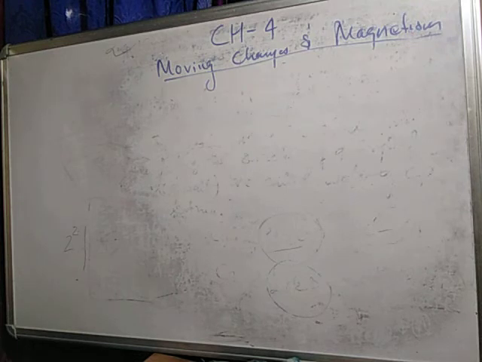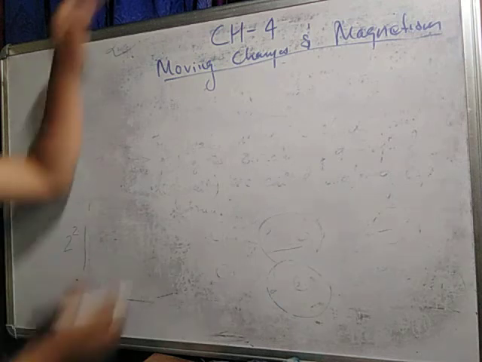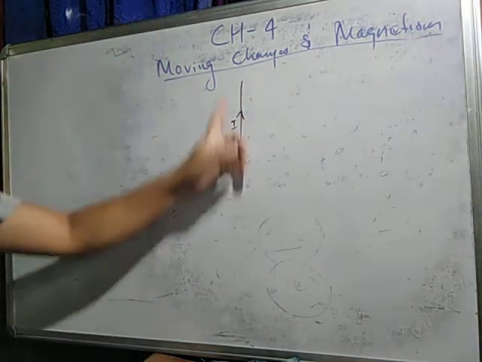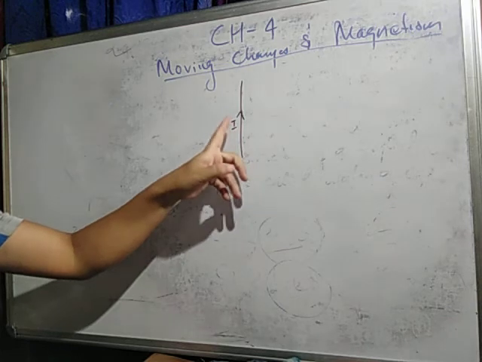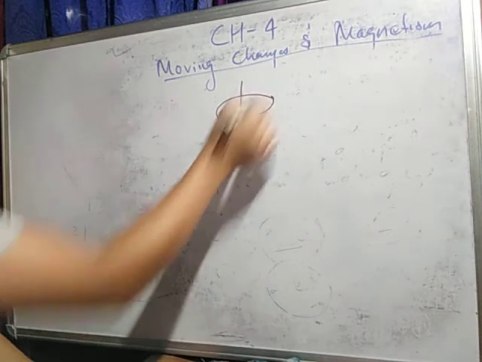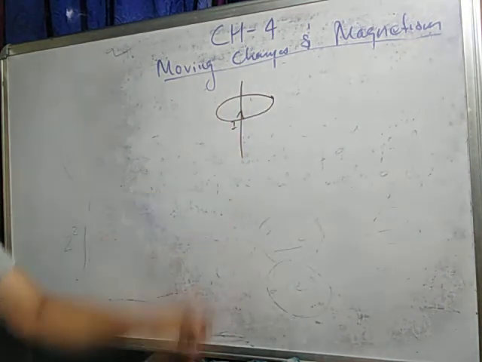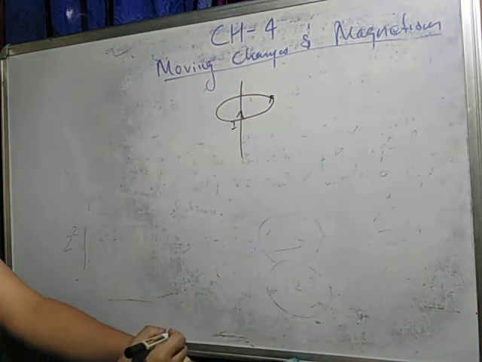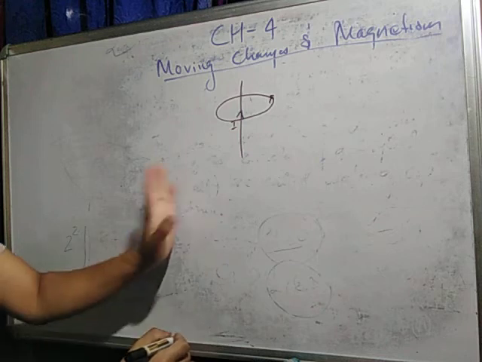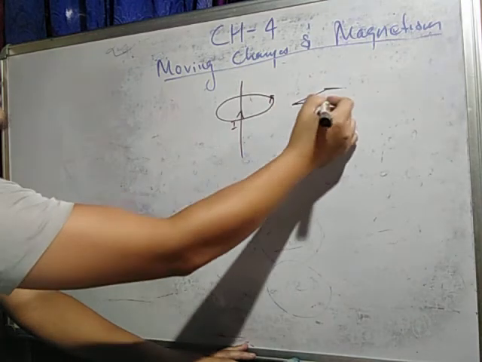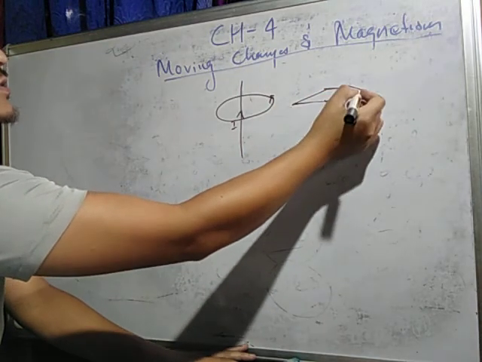In your previous study in class 10, you have done that if a wire is there and current is flowing, then obviously charge is moving. At that time you get the magnetic field around this wire. This experiment was done by placing a compass needle with north pole and south pole.